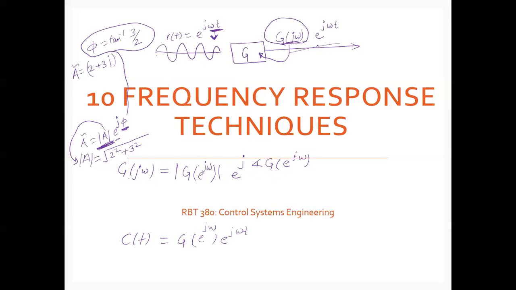Now plug this guy in here. Then what do you get? G(e^{j omega}), e to the j omega t, and this guy has j angle G, right?